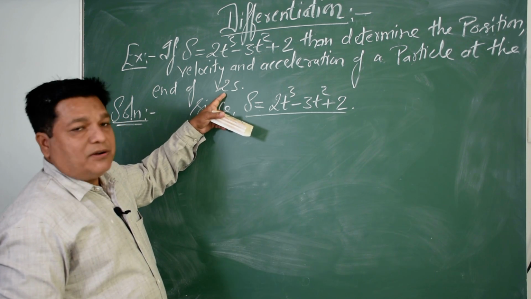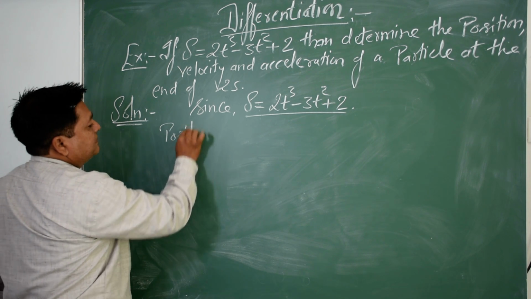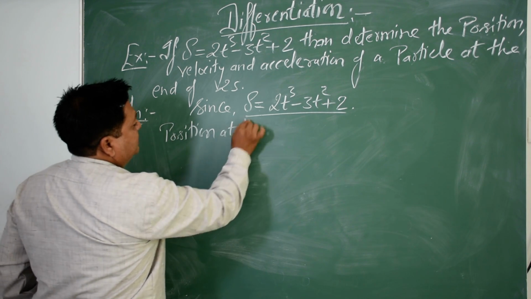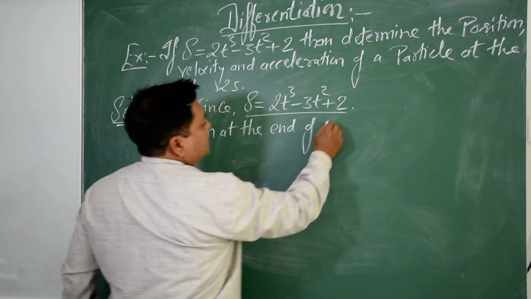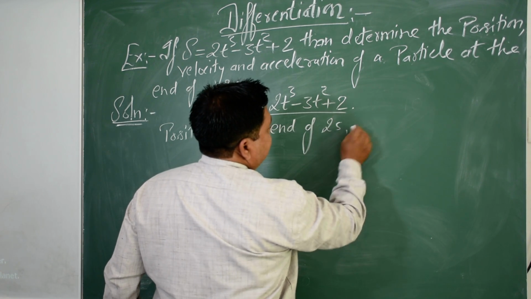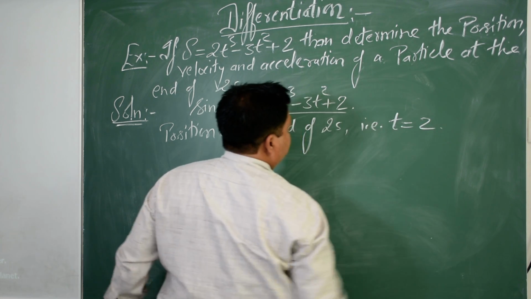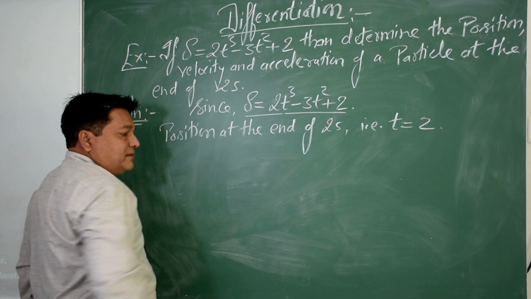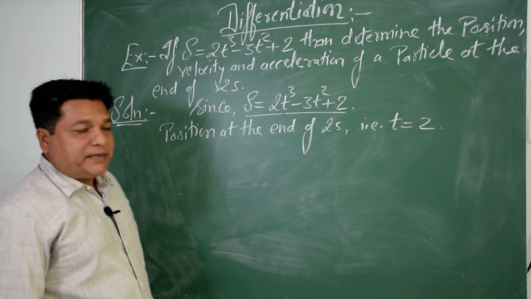Time t is given to us, so we write the position at the end of 2 seconds, that is, time t is equal to 2. We place the value t is equal to 2 here and determine the displacement of the particle.